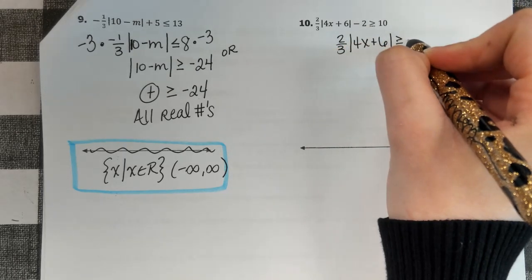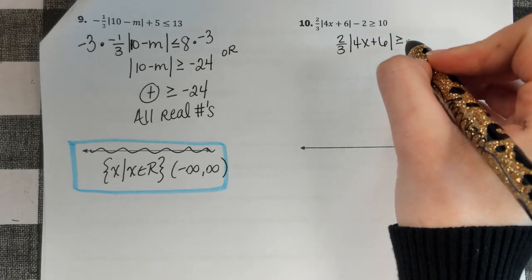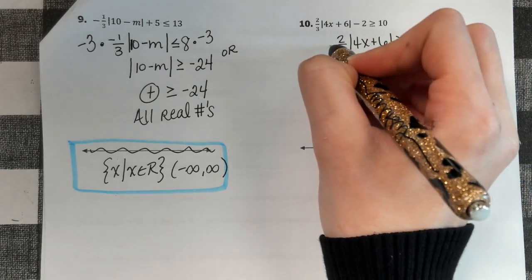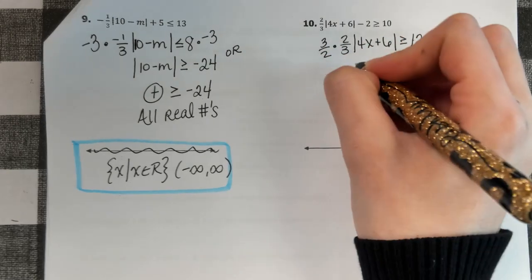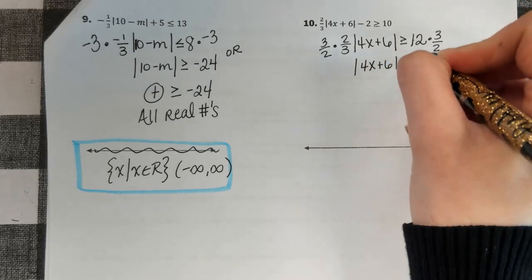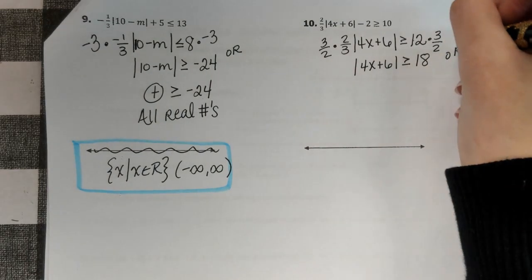What'd you get here? Your first one. You added your 2 and what'd you get? I got 12. Then what'd you do? The absolute value of 4x plus 6 is greater than or equal to 18. I mean, it's an or. Yeah, I know it's an or, but I want to know that part.